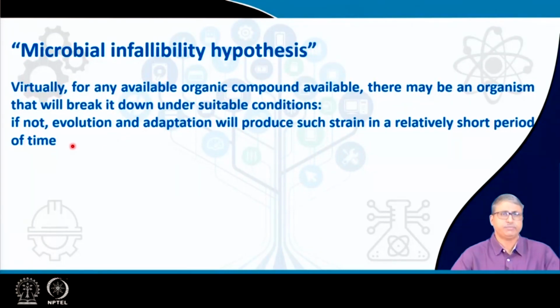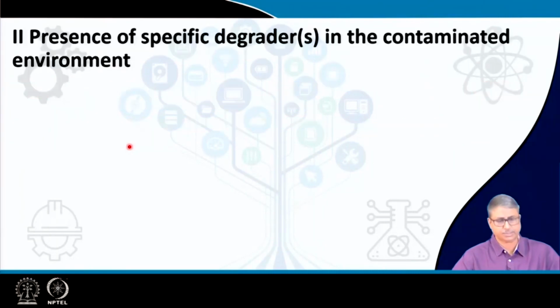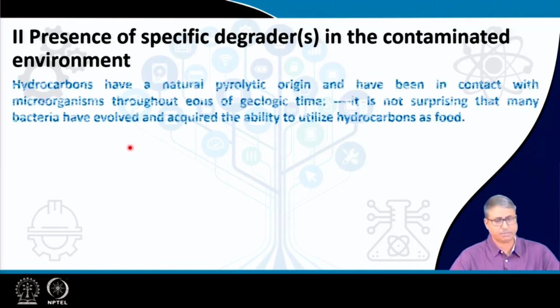If the compound is not getting degraded, then evolution and adaptation will produce such bacteria, archaea or fungi, which will in a relatively short period of time facilitate this degradation process. The second prerequisite is the presence of a specific degrader in the contaminated environment.